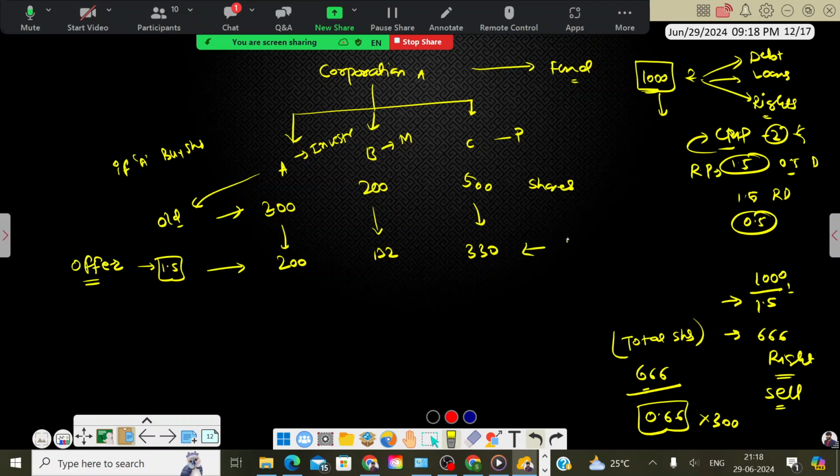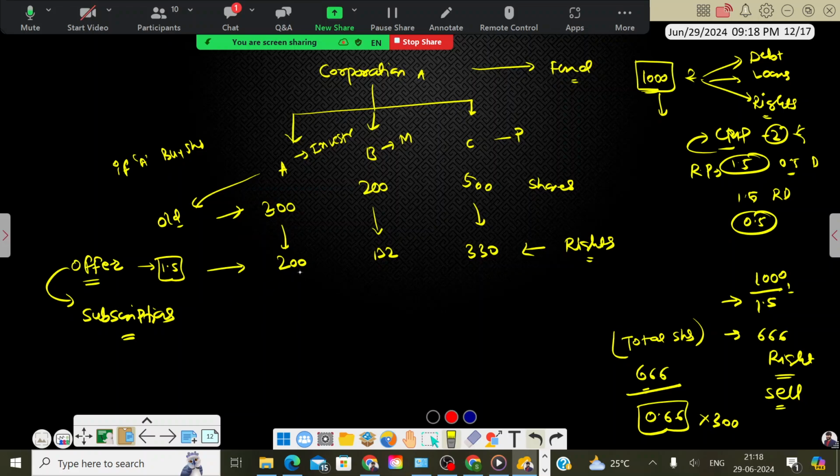So all are rights. The company will announce rights through a subscription offer. So in the subscription offer you will get the rights.